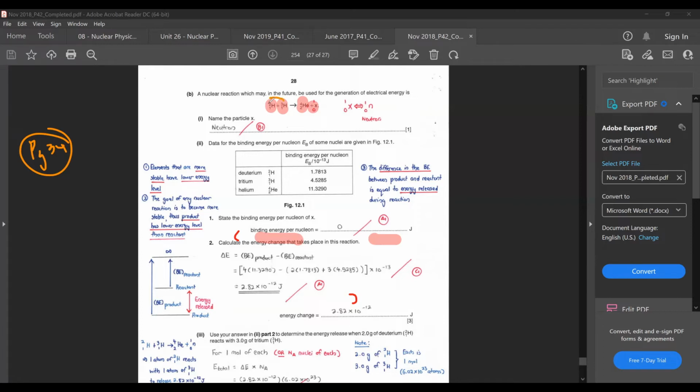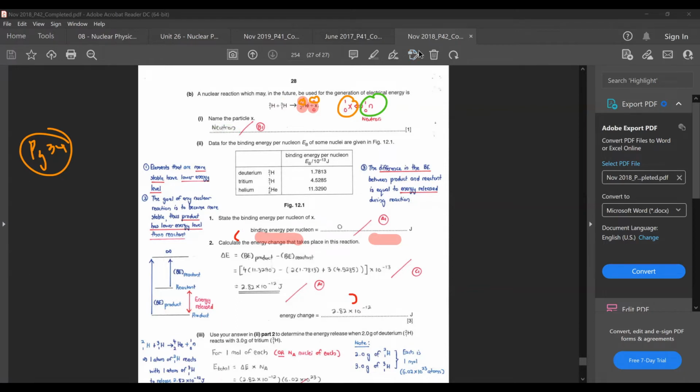If this one is 5, and this one is 4, this one must be 1, so that it becomes 5 in total. So X is 0, 1. The only thing with proton number 0 and nucleon number 1 is a neutron. So particle X is a neutron. This one is pretty straightforward.